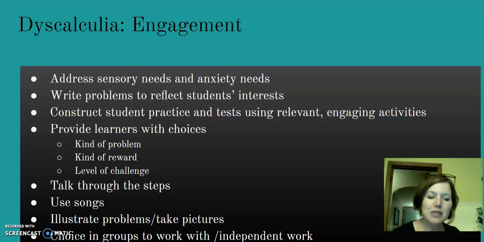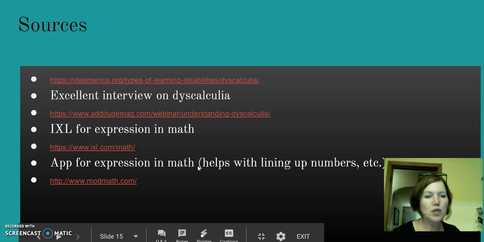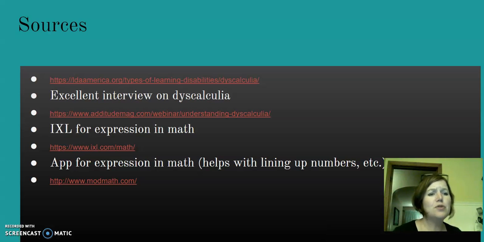Have them have choice in their groups and with independent work, and all of those ways will engage them. So the last part of my presentation is just letting you know about some more sources. I kind of listed some of the sources throughout this, but also I did at first consult the LDA of America.org. And then also I listened to an excellent interview on dyscalculia by Attitude Magazine, and I would encourage you to check it out.